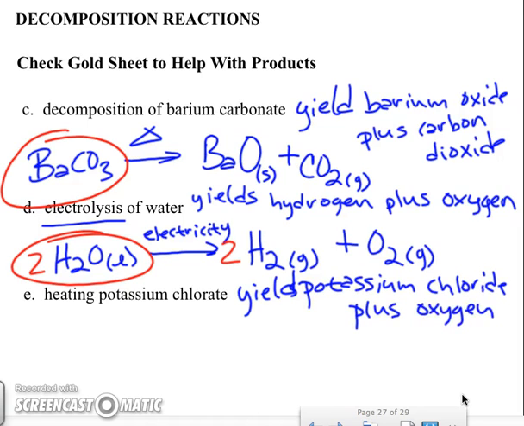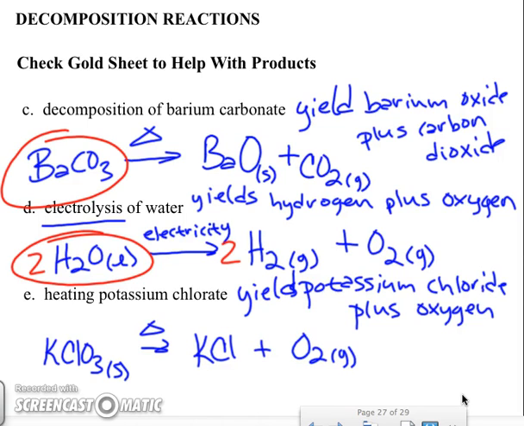Let's write out and balance the equation. Potassium chlorate, 1 plus and 1 minus, would yield potassium chloride, 1 plus, 1 minus, plus oxygen gas.